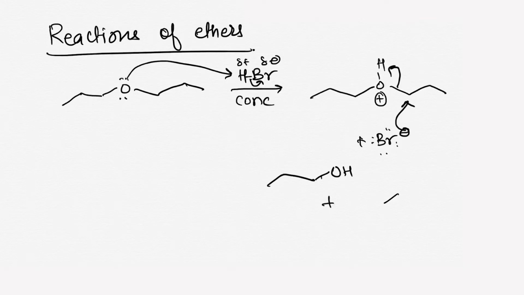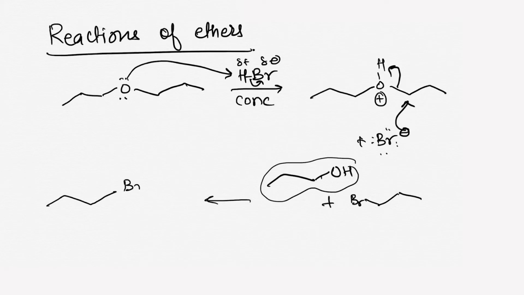What happens next is that you have now formed bromopropane and propanol. But if you really think about it, you are in concentrated HBr solution, and we have just seen a reaction wherein alcohols in the presence of concentrated HBr also result in the corresponding alkyl bromide. So, in all, the final product that will be isolated from this reaction is bromopropane.